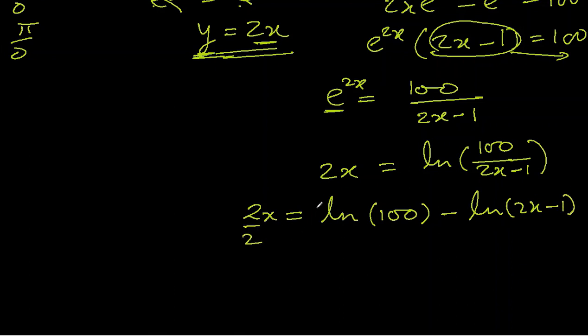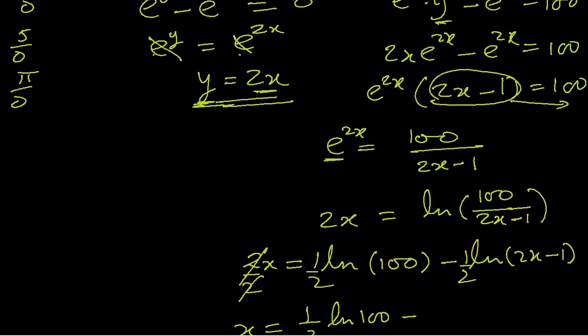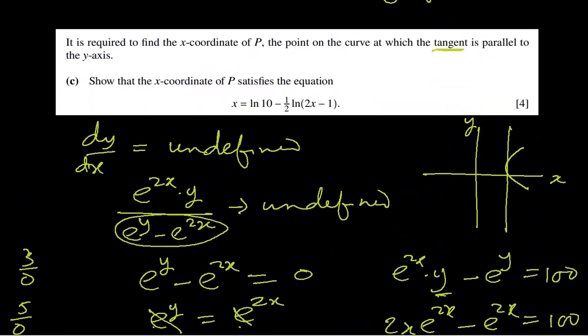Divide this by 2, divide this by 2, divide this by 2. So x is equal to half ln 100 minus half ln of 2x minus 1. Is it matching?